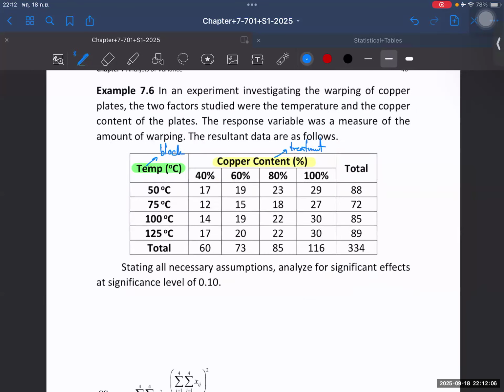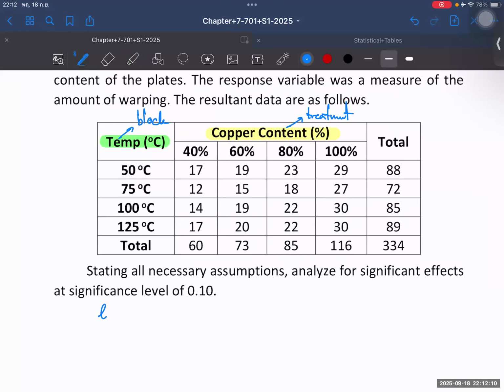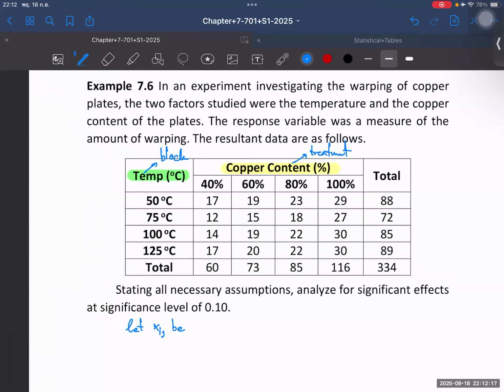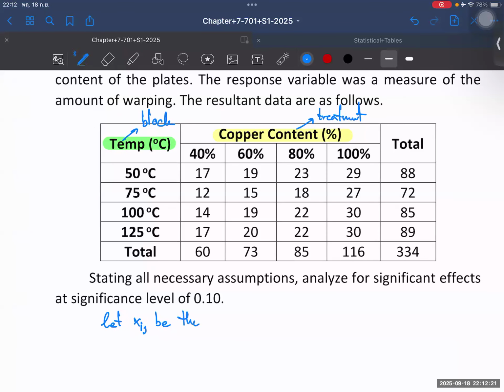So let Xij be the amount of warping. Sorry.